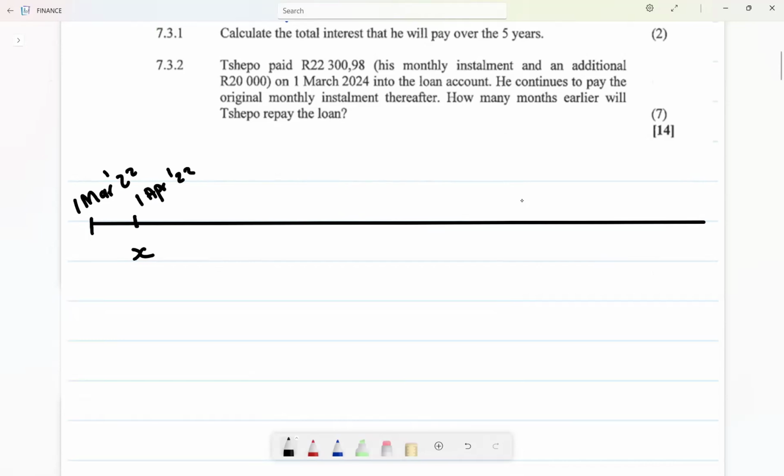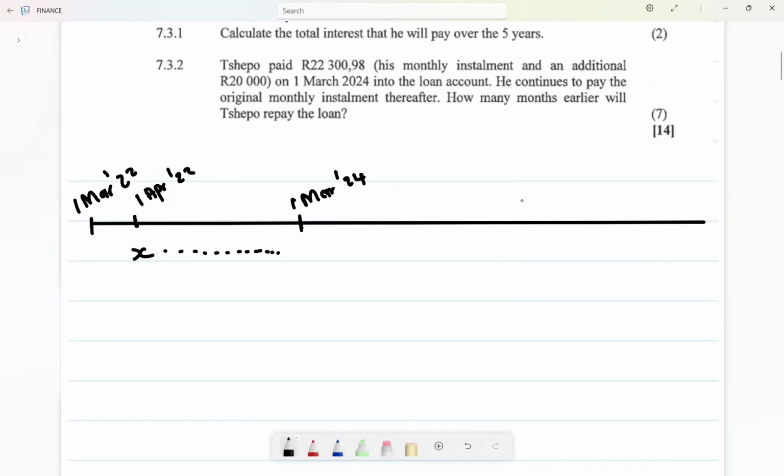This is how you're supposed to start making a payment, a month later after taking the loan. And then he's been paying that amount, and then they tell us that Tshepo now decided on the 1st of March 2024, which is 2 years after the initial loan.